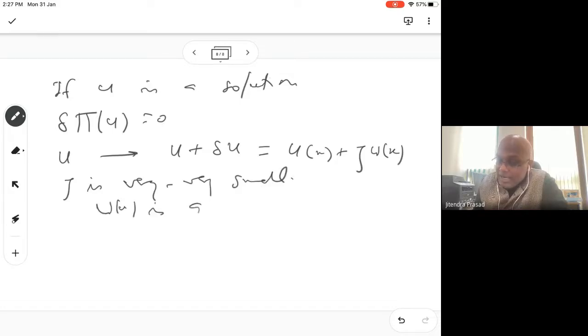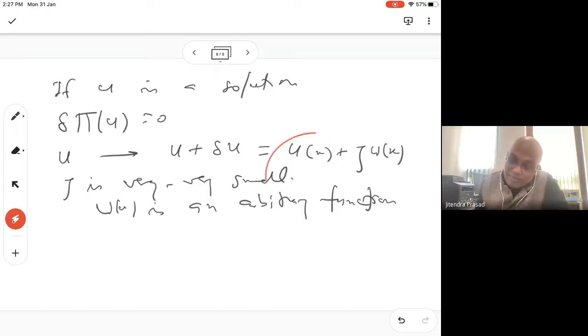Wx is an arbitrary function, which could be something like U itself. So zeta is very small, and you are giving a small variation.